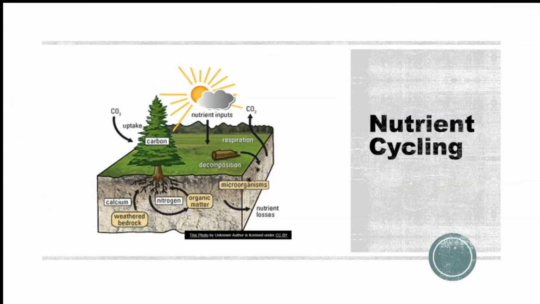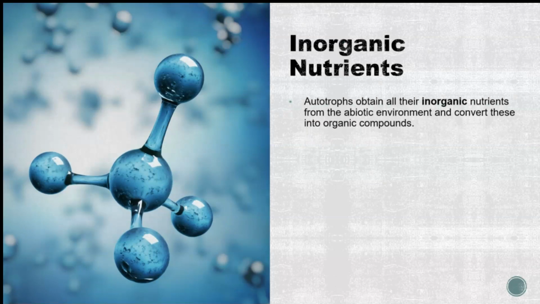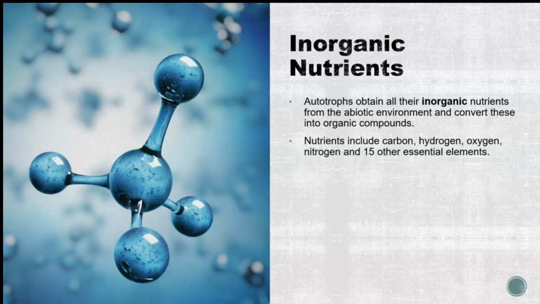All right, we're now going to have a look into nutrient cycling, and we will go into this further in a separate unit. Our autotrophs obtain all their inorganic materials or nutrients from the abiotic environment, okay, and then they convert these to their organic compounds. So nutrients include carbon, hydrogen, oxygen, nitrogen, and 15 other essential elements.